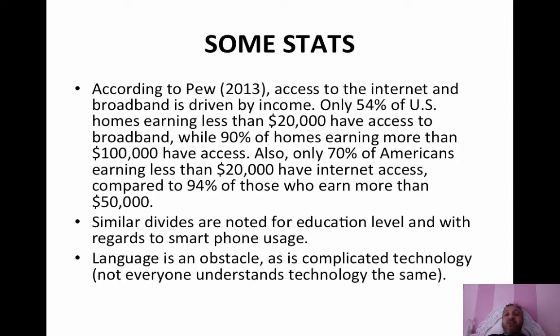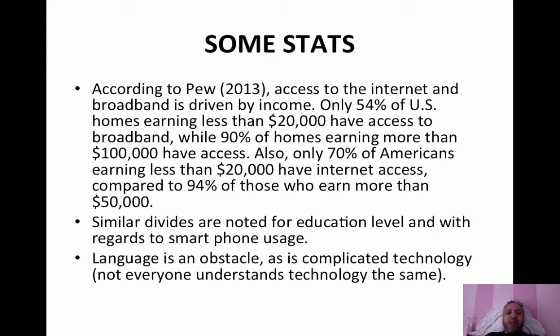Only 54% of US homes earning less than $20,000 per year have access to broadband internet, as of 2013, while 90% of US homes that earn more than $100,000 have access to broadband internet.